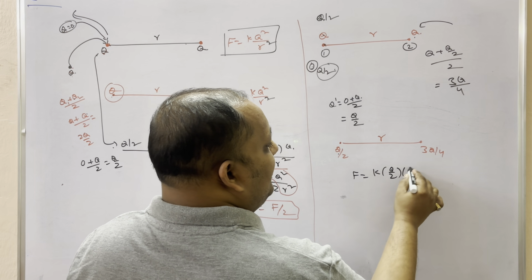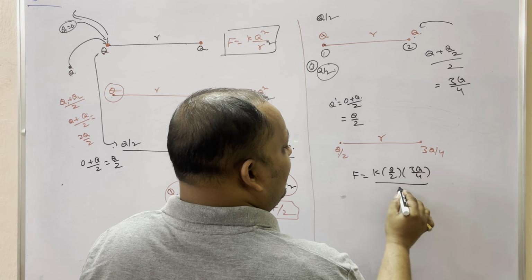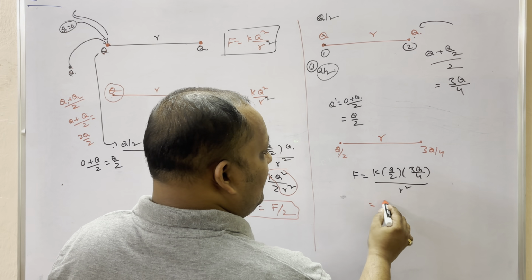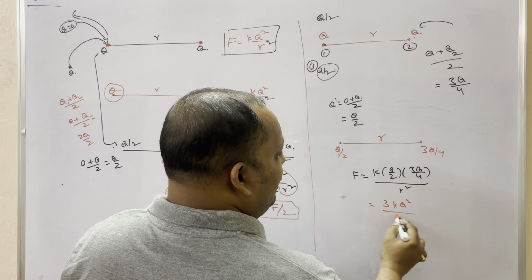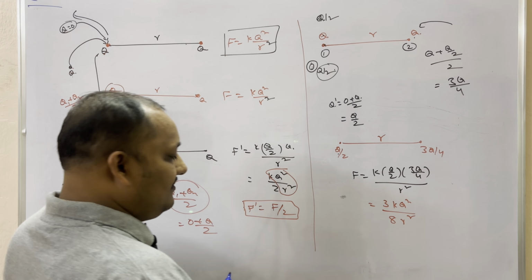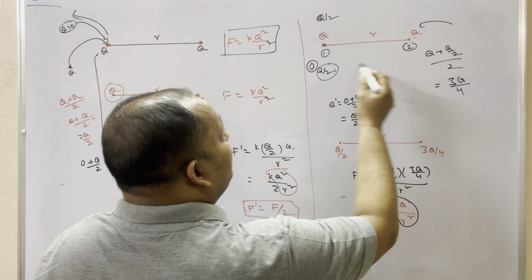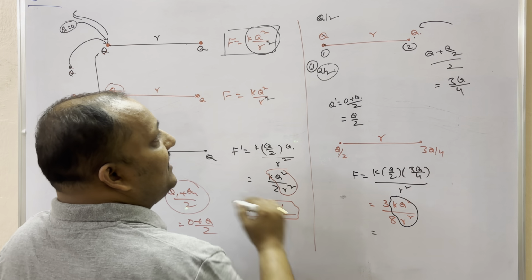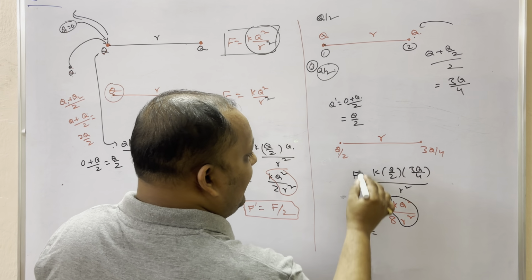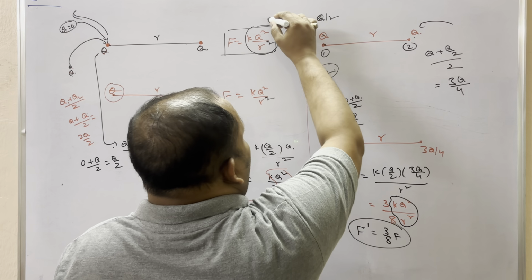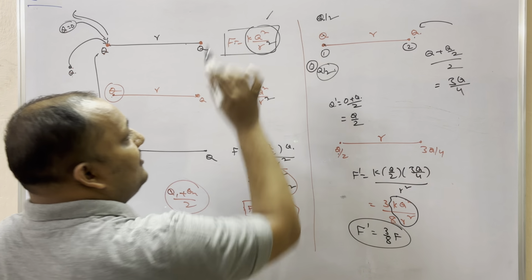So K into Q by 2 into 3Q by 4 divided by R square is going to become 3KQ square by 8R square. KQ square by R square can be written as F, so F dash is equal to 3 by 8 F. Did you observe? So the force is going to change.